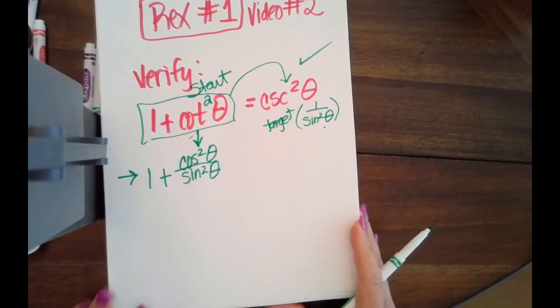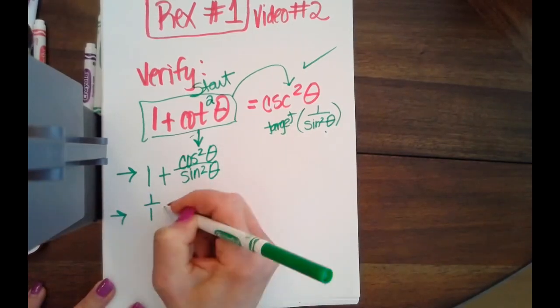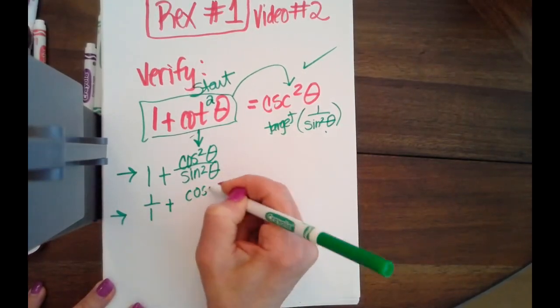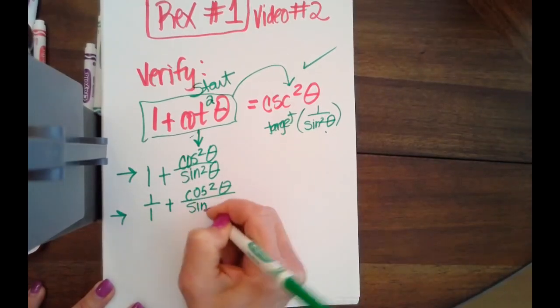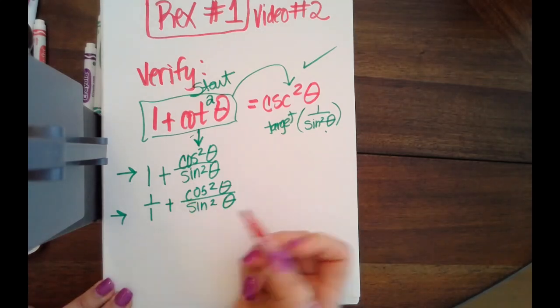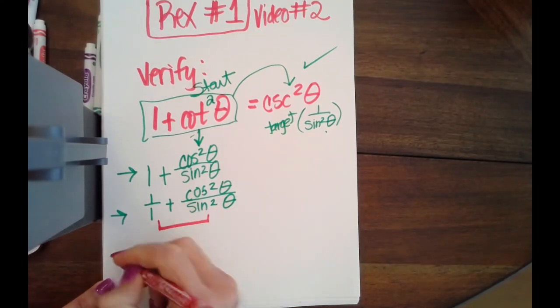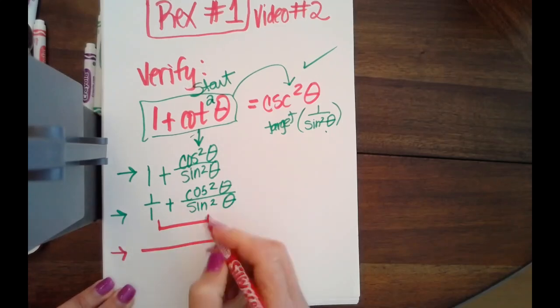Now I've got two fractions that are unlike. So 1 over 1 plus cosine squared of theta over sine squared of theta. Okay, so this is why I started with the unlike fractions deal at the beginning. So we're going to multiply the denominators together to get our denominator. That's simply going to give me sine squared theta.